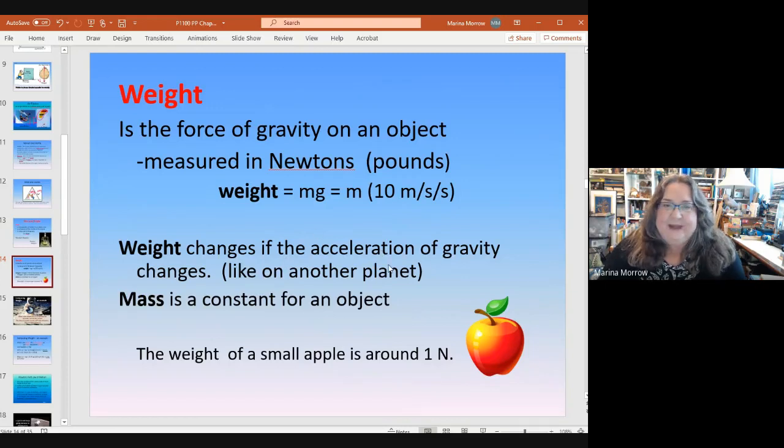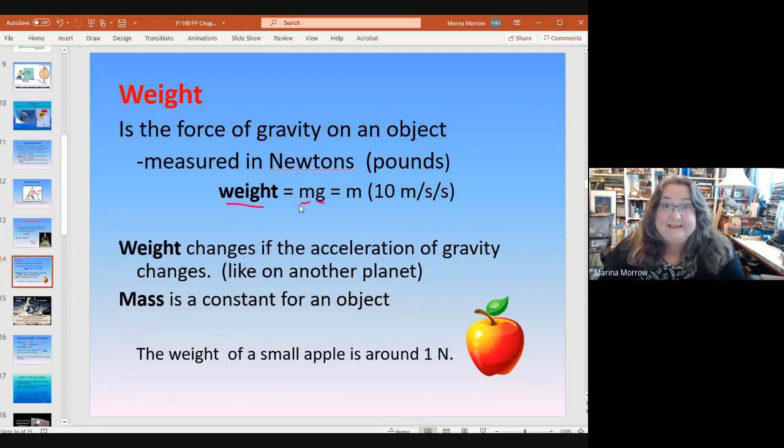So you go to another planet, or you go somewhere else on the Earth that's a different place. The gravitational field is not the same everywhere on the planet Earth, and the acceleration of gravity is not the same everywhere. You can calculate weight by multiplying the mass times the acceleration of gravity.